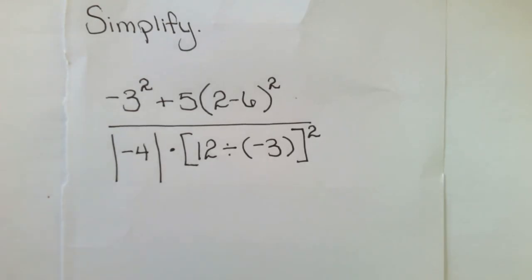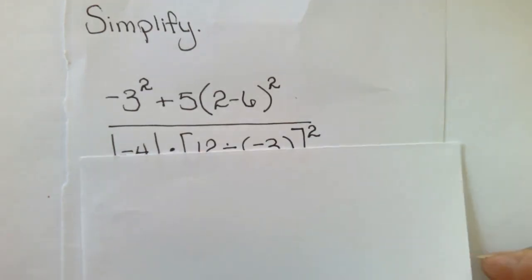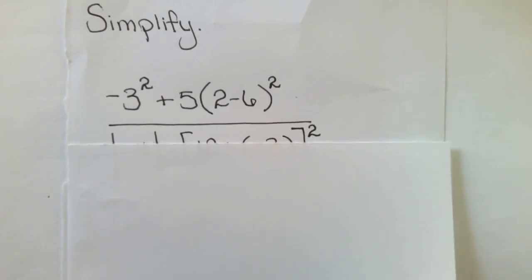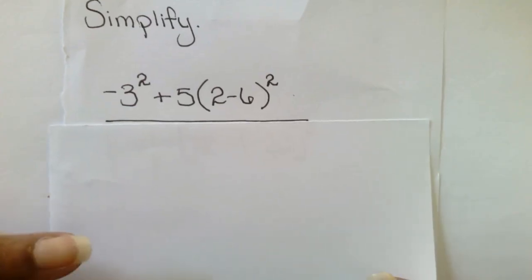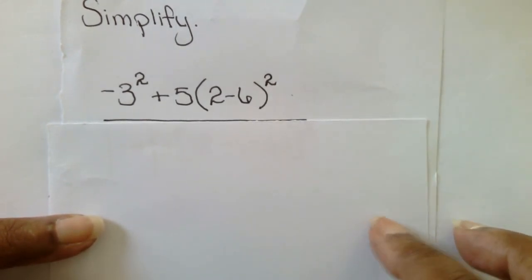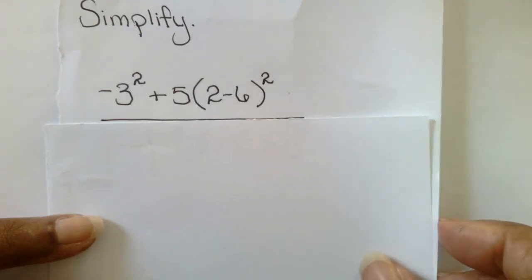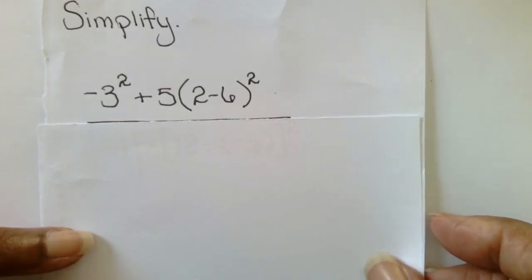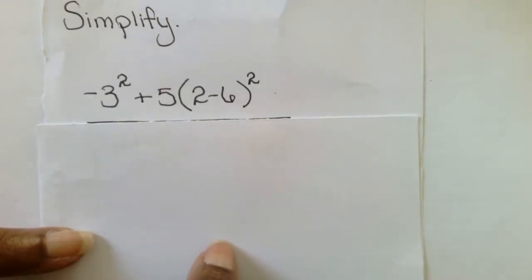All right, so let's take a gander, shall we? Now, let's take this step by step. Anytime they give you a fraction form, you can do the numerator or the denominator first. It doesn't matter. Relax, take it one step at a time.